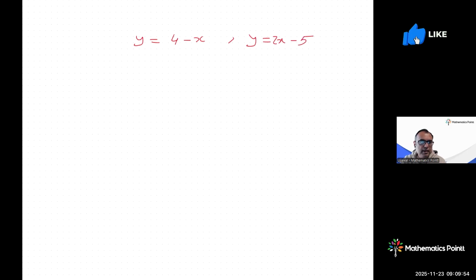Now, I am not given the graph, it's not graphically represented, but still I need to find the intersection point.